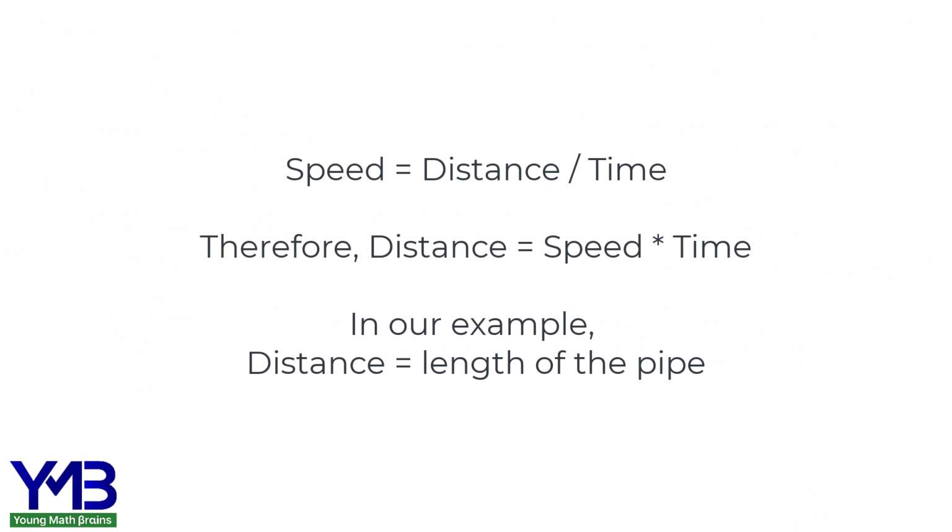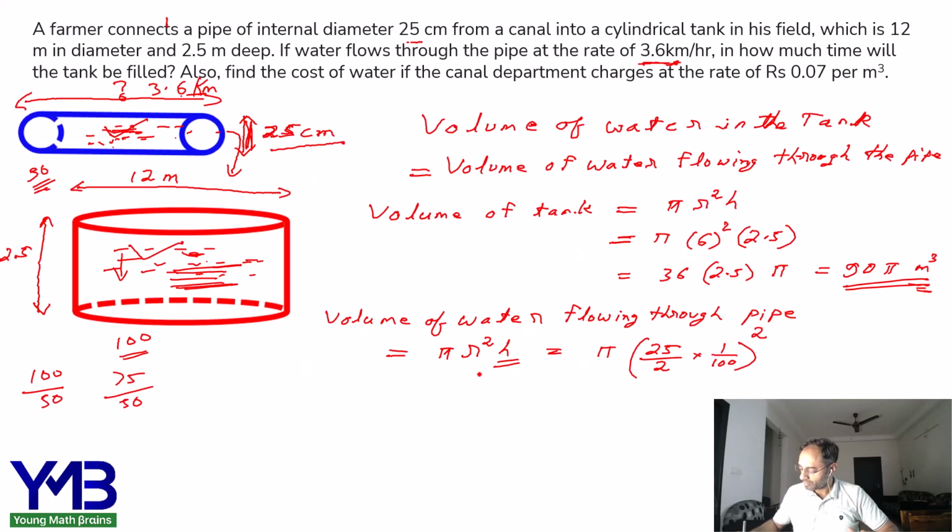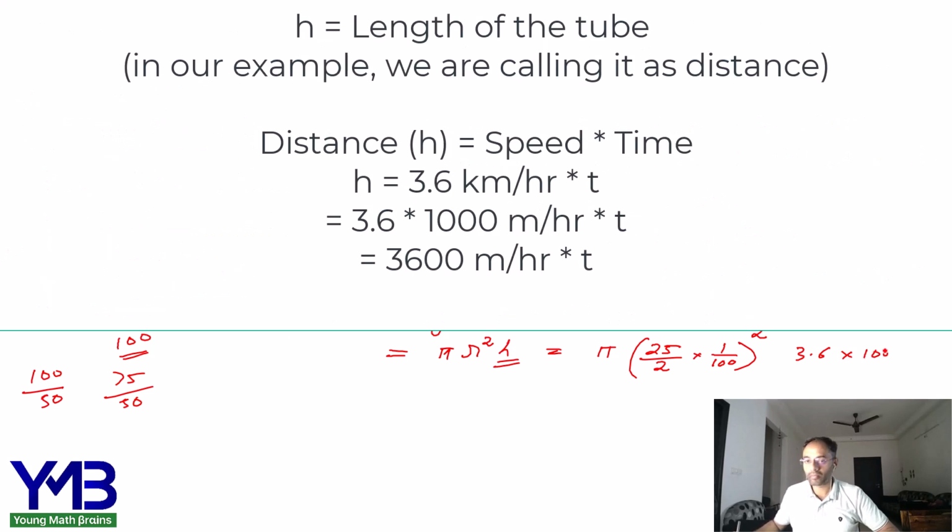So h here, this particular h, we can now write as speed, which is 3.6 kilometers per hour. If I have to convert that to meters, I have to multiply it by 1000.